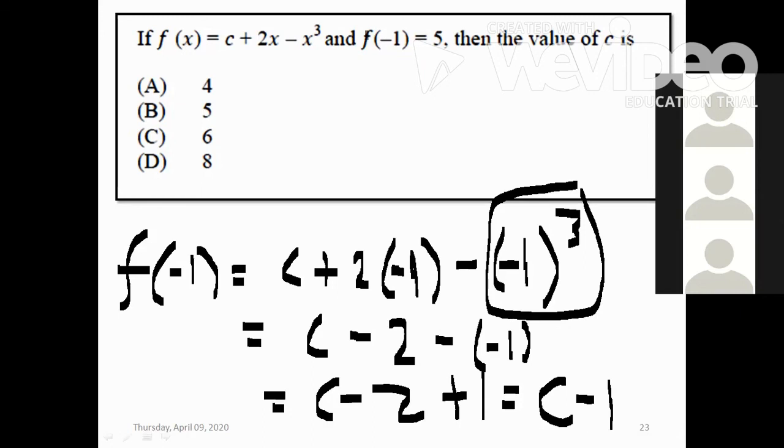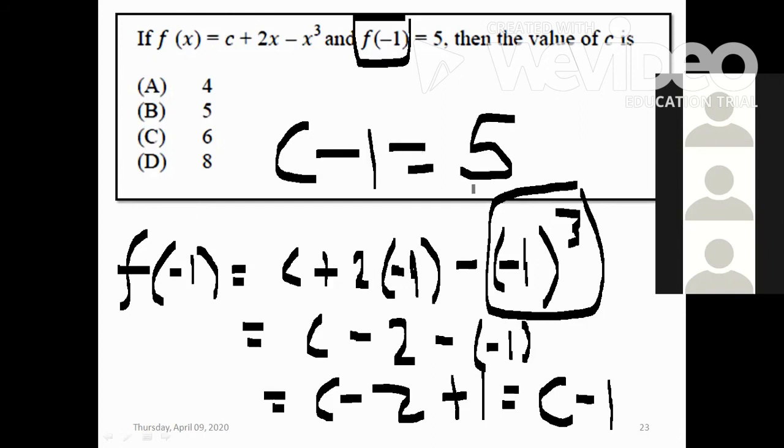It says f of negative 1 is equal to 5. So what we did a while ago was just work out f of negative 1. Now f of negative 1 is what? C subtract 1. And that is equal to what? 5. So what's the answer? When you carry that over, 6. Right. So that's the answer.